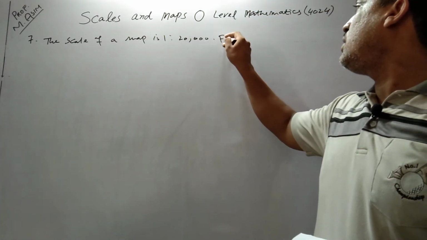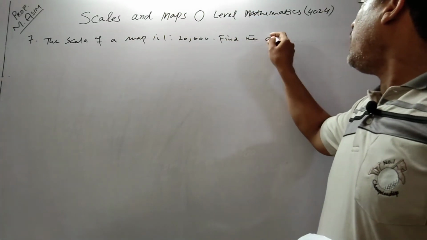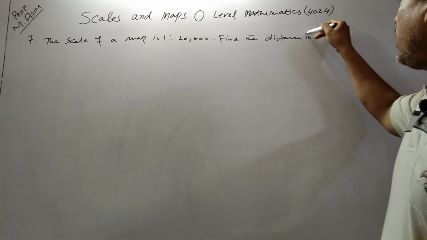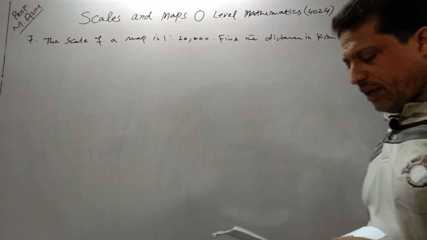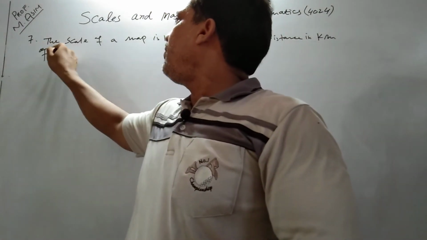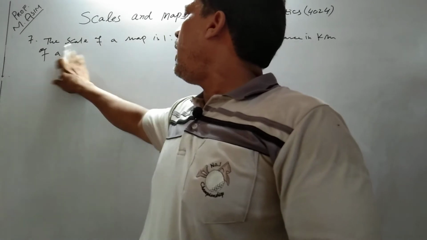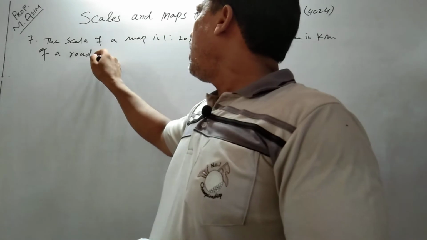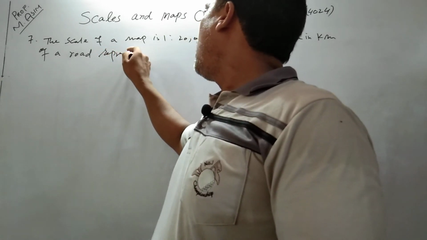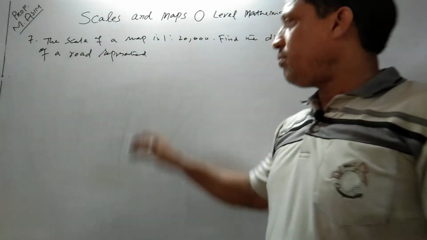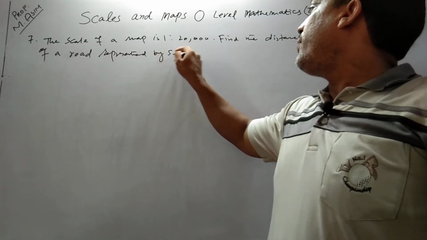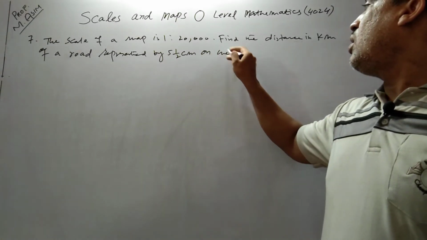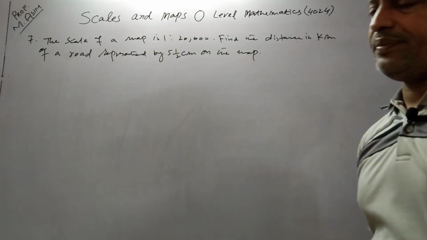Find the distance in kilometer of a road represented by 5 whole 1/2 centimeter on the map.